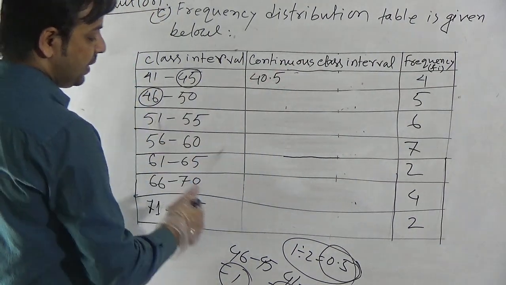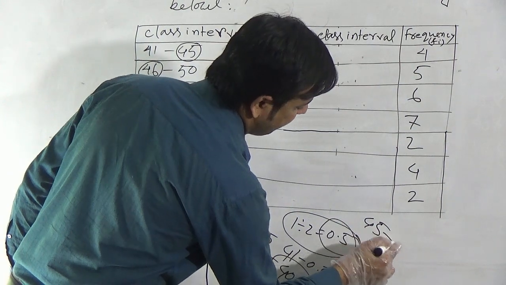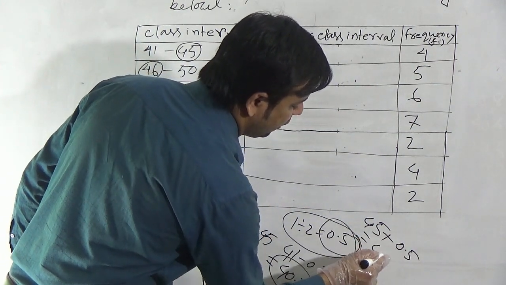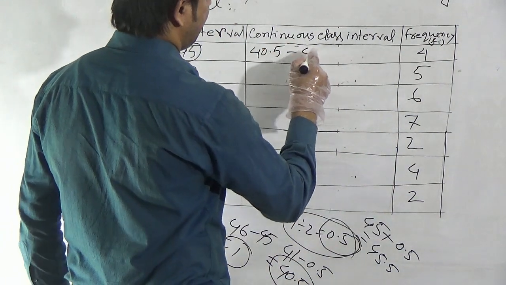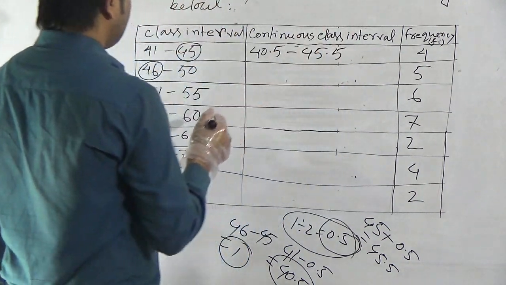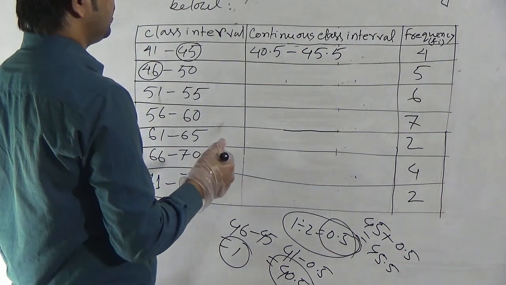And highest number of first class will be, we have to add 0.5 with 45. This will be 45.5. So we can write here 45.5. In this way we will get all the continuous class intervals.